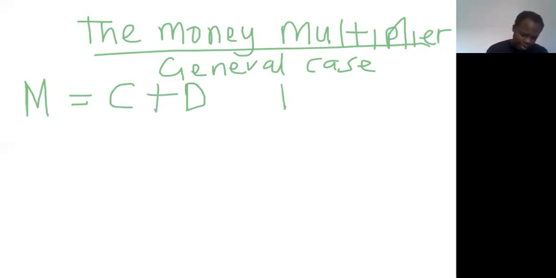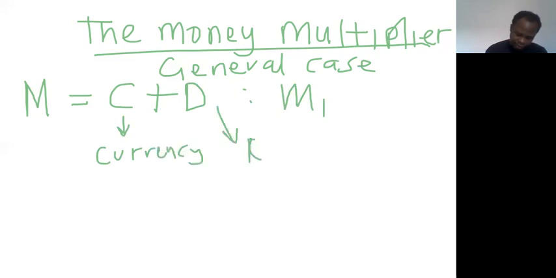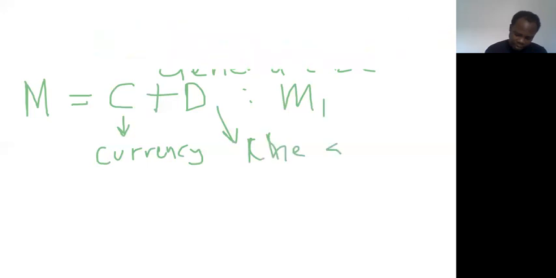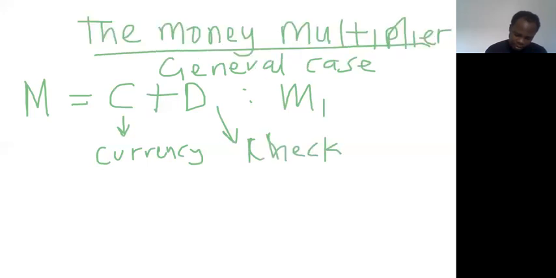The C here means currency, and D means deposit, or some say checkable deposits.